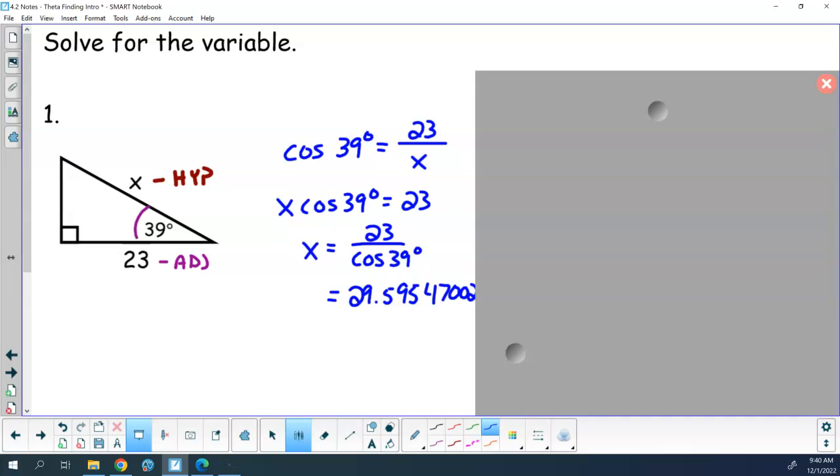Okay. Typically, we'll have this in directions, but typically with sides, we round to 2 decimal points. Angles, we round to 1 decimal. So I would say here that X is 29.6.